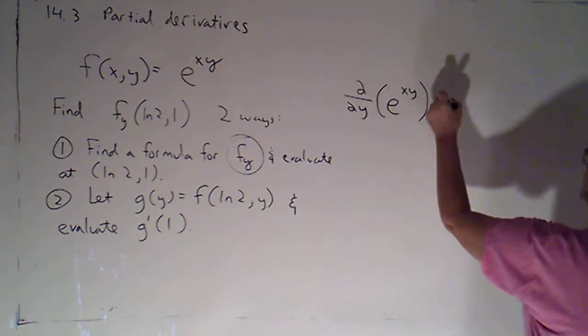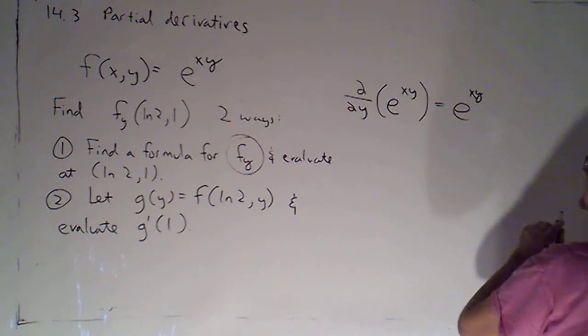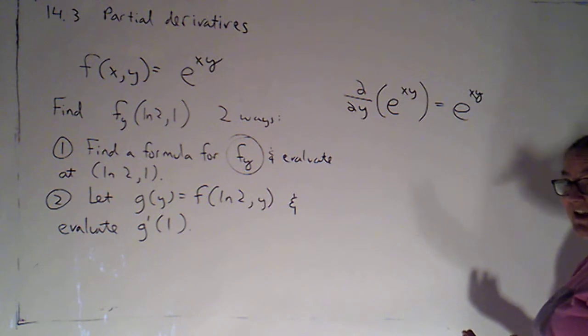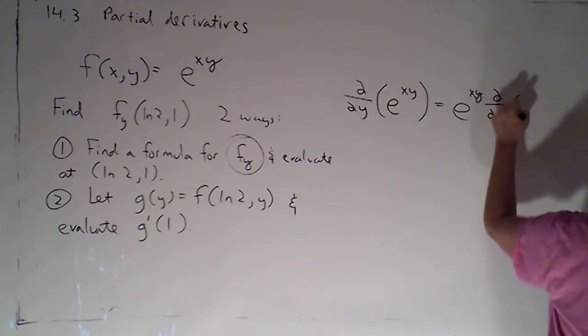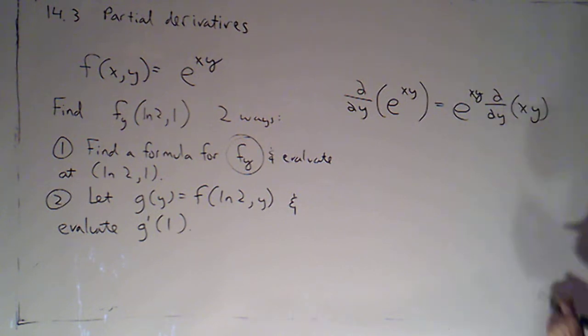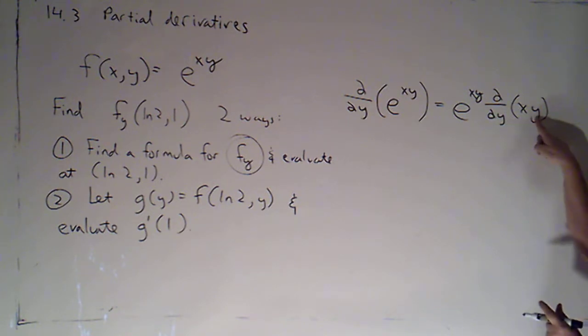So the derivative of e to the something is e to the something, so I would get e to the xy. Chain rule, I would then take the partial derivative with respect to y of x times y. But if x is a constant, that's just a constant multiple of y.